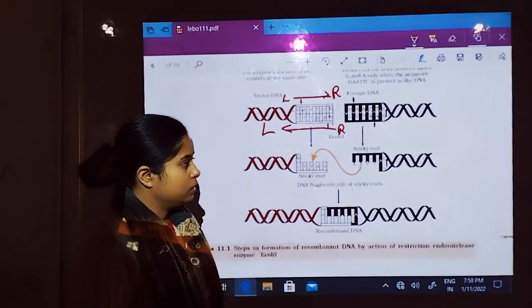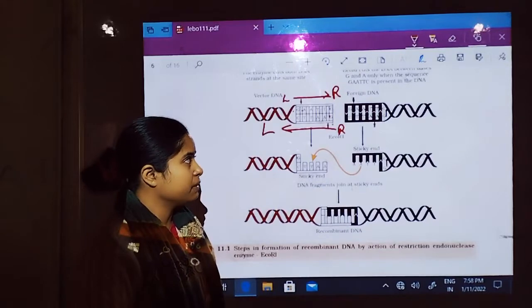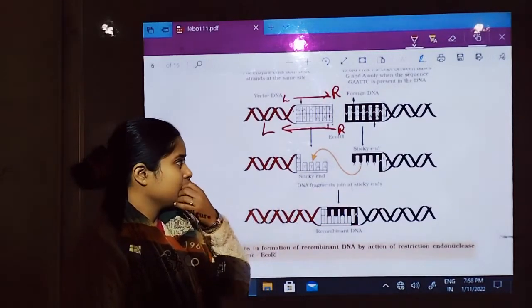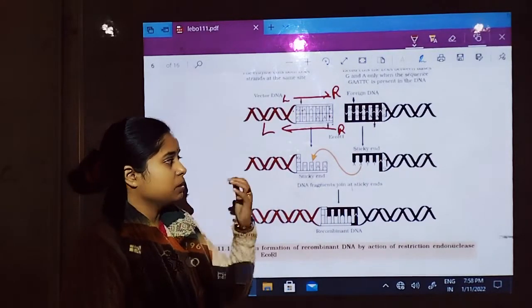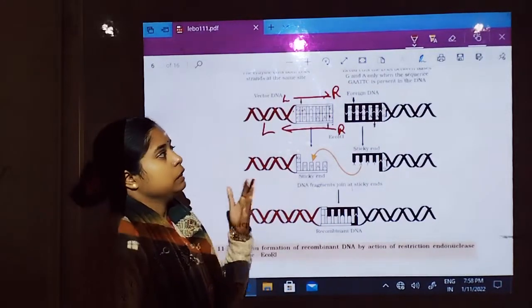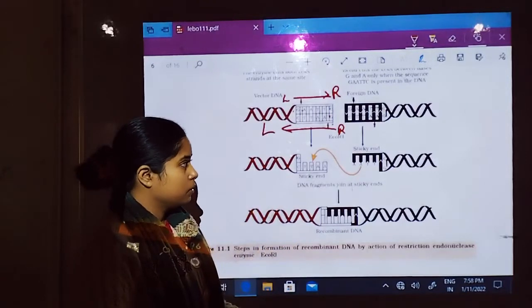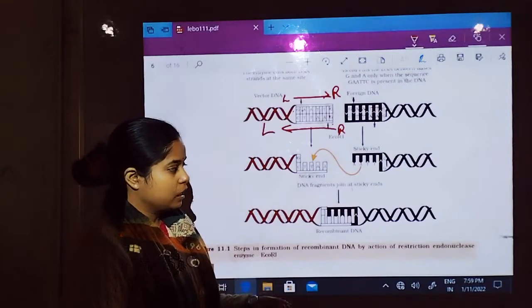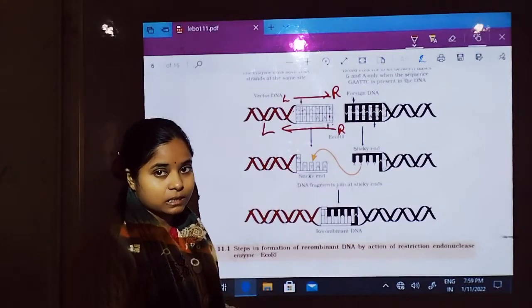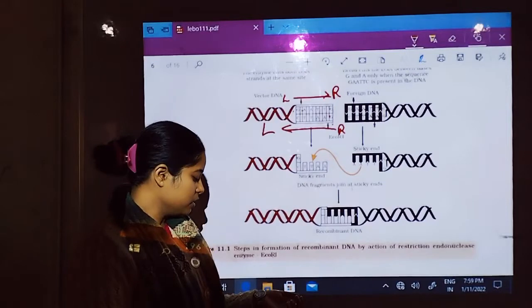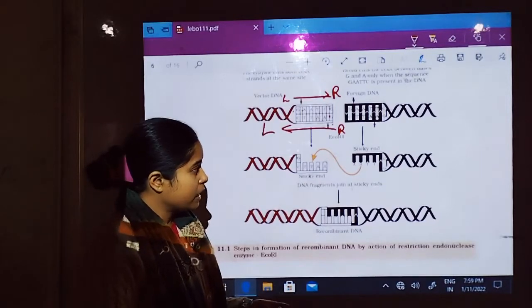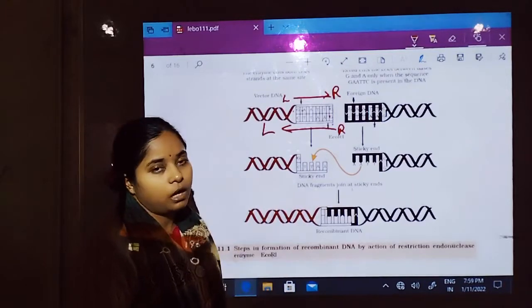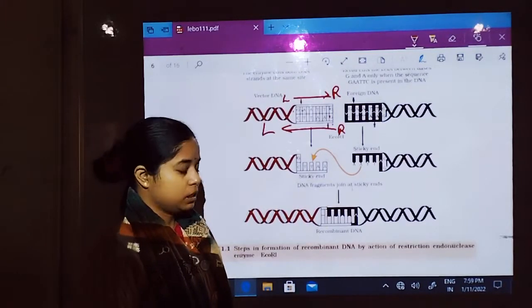Both the desired gene and the vector DNA should be cut with the same restriction enzyme. Then only can EcoRI work, and ligation is done by the DNA ligase enzyme after treatment with the endonuclease enzyme.